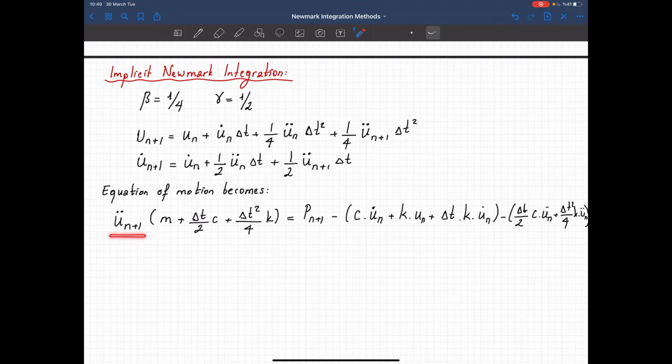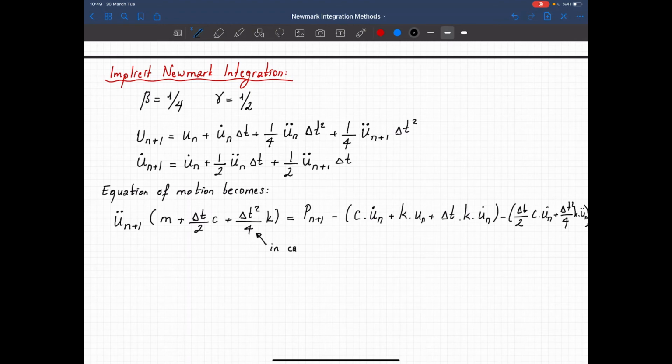Now if you take a look at this part of the equation, for a nonlinear case you don't know what your k for the next time step is. So that's why you have to perform an iterative solution, an equilibrium iteration, to figure out the displacement and the corresponding k for that displacement. So that's why we call it an implicit Newmark integration.